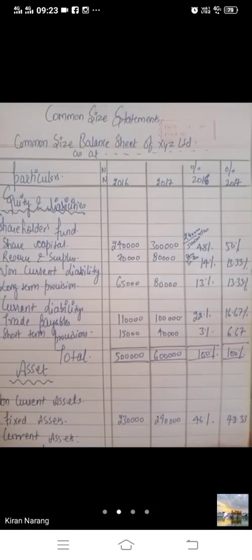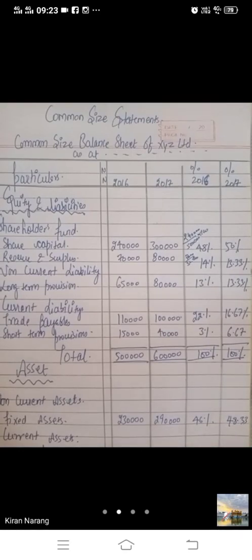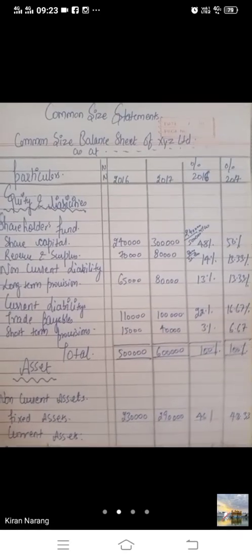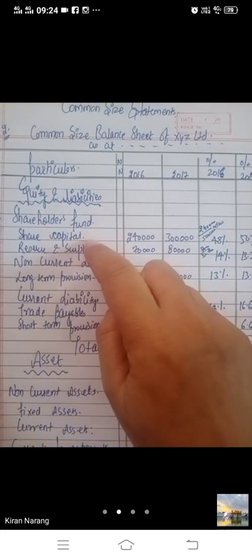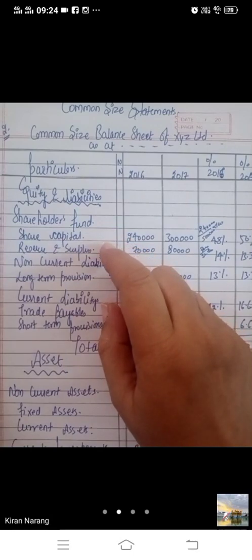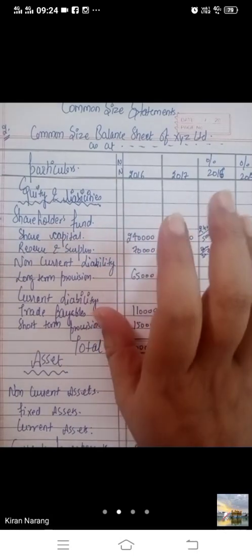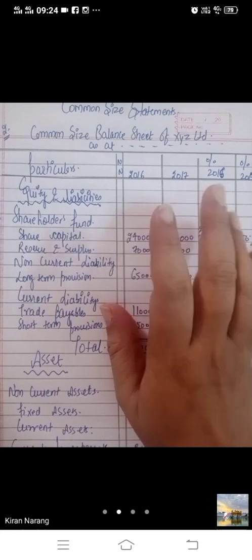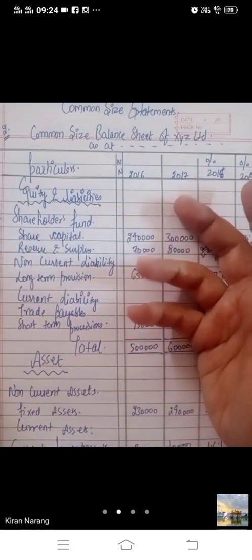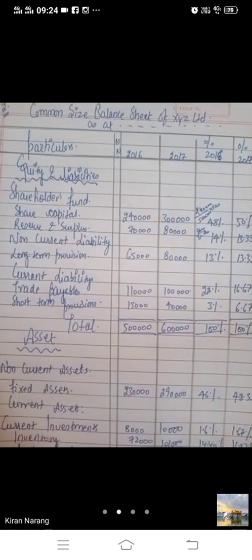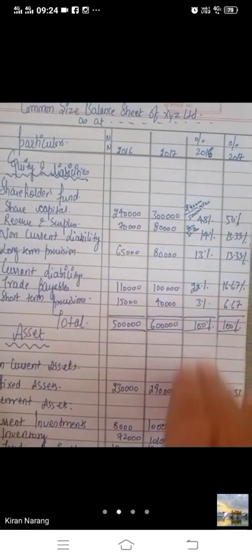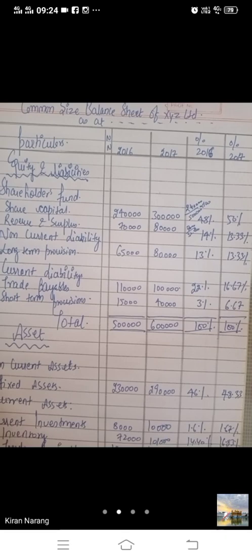This is the common size balance sheet, bache. You should know two things. First, the particulars: how to write them and what we have to record under which main heading. In shareholders fund, what will be recorded, and then non-current and current liabilities. Then you should know how to calculate the percentages.